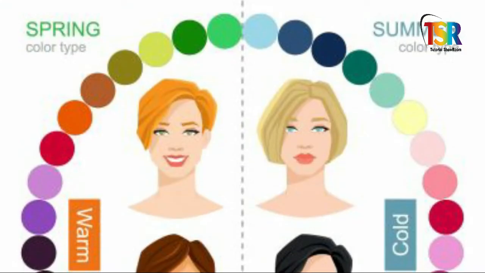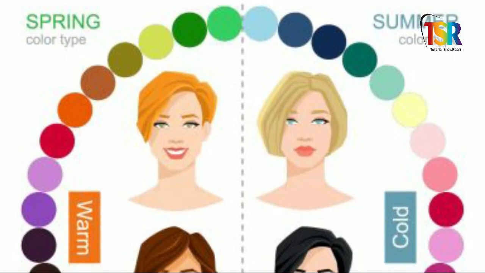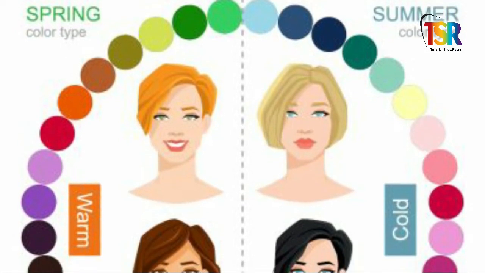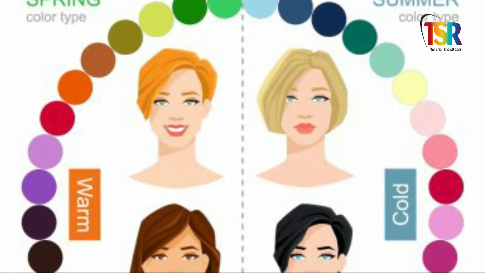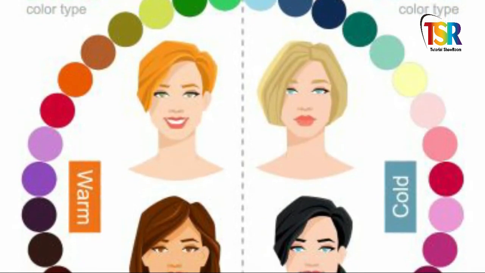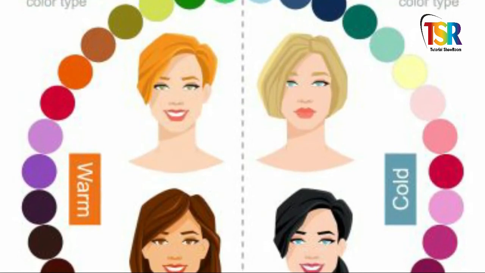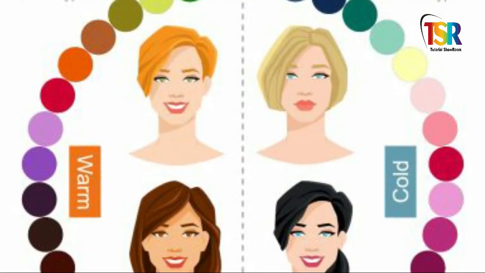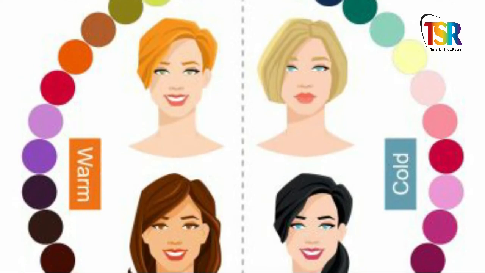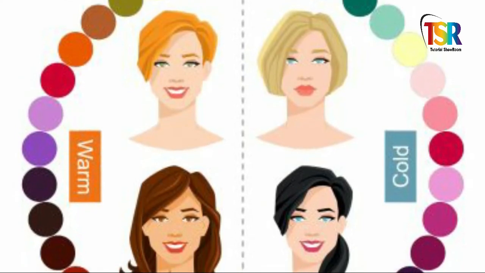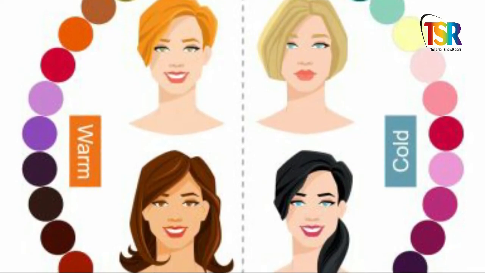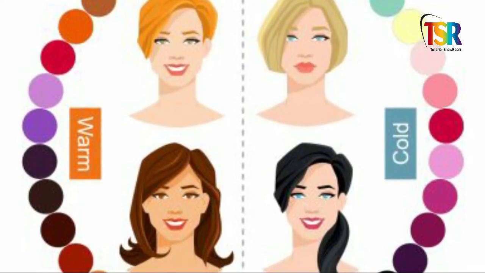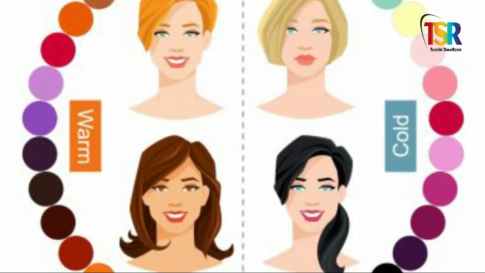Test number 4. The color test. This is a fun test since we are going to ask you to take out all your favorite clothes from your wardrobe and try the colors to know your undertones. Take a mirror and stand in a well-lit room, preferably in daylight. Hold different garments next to your skin to see how the colors make you look. Cool.